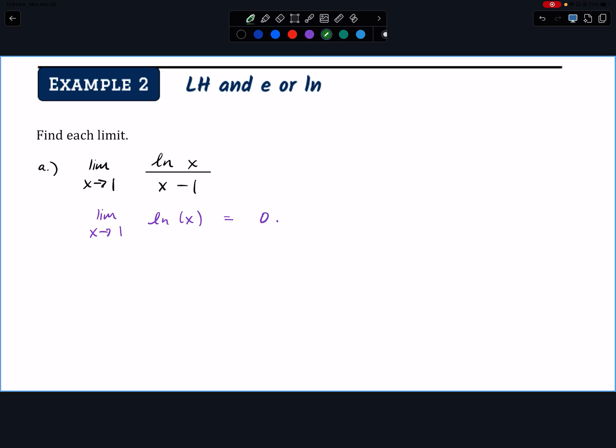The denominator, the limit as x goes to 1 of x minus 1 is also 0. So this is the indeterminate form zero over 0. So L'Hopital's rule applies.